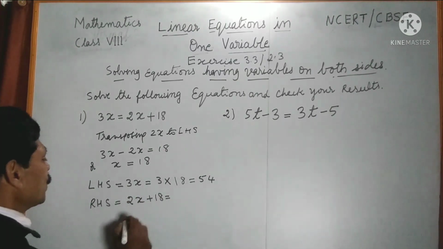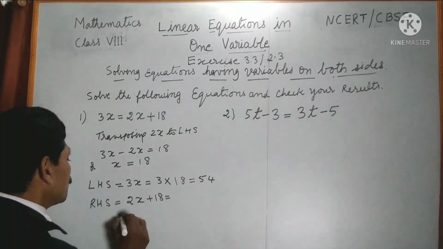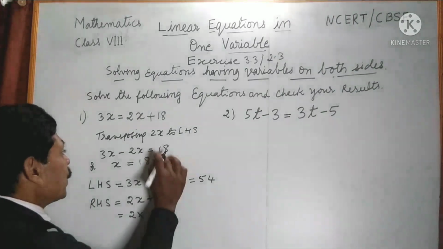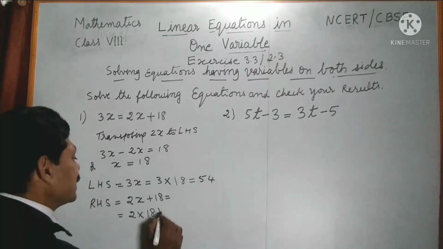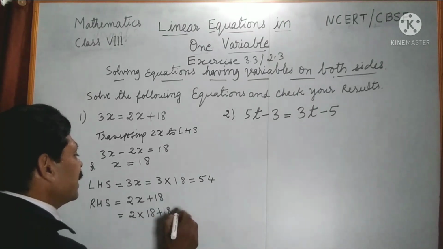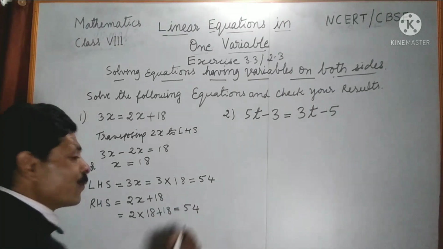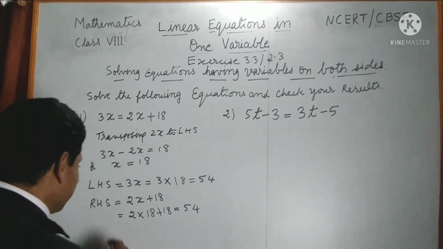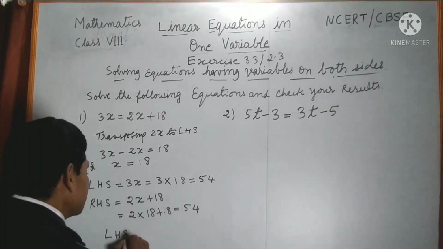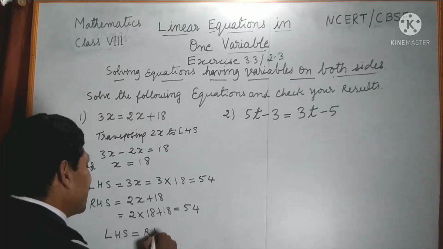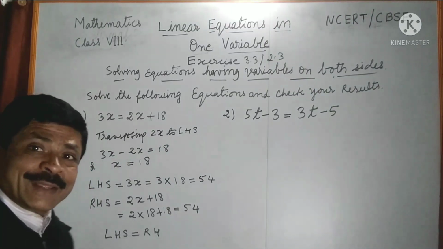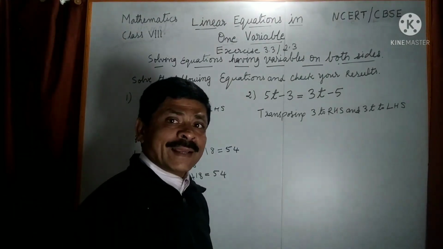This is equal to 2 into 18 plus 18, which is equal to 54. Therefore, left hand side is equal to right hand side is equal to 54. Next problem.